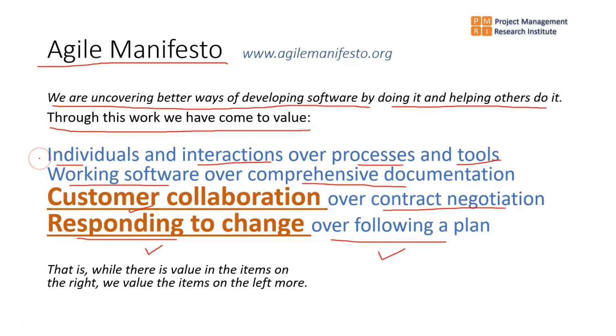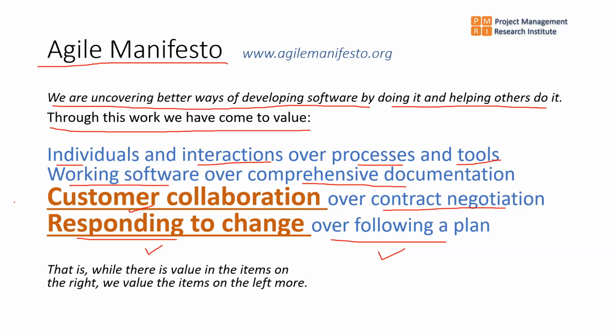So in this particular training, our objective is to understand the Agile Manifesto. And the last sentence is very important: while there is value in the items on the right, we value the items on the left more. I'm spending some time on this particular slide because in the industry, many think that Agile means ad hoc, or Agile means zero documentation. That's all wrong.